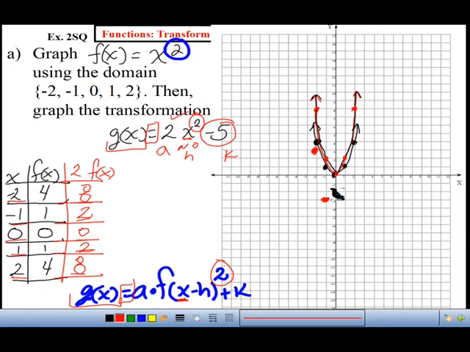Same for the rest of the points. And we graph this one completely in red. There it is. And this one we're going to label g of x. Why? Because that's our transformed function completely.